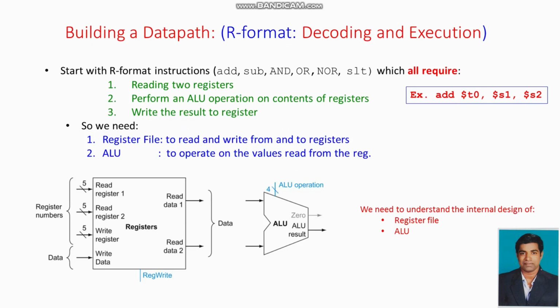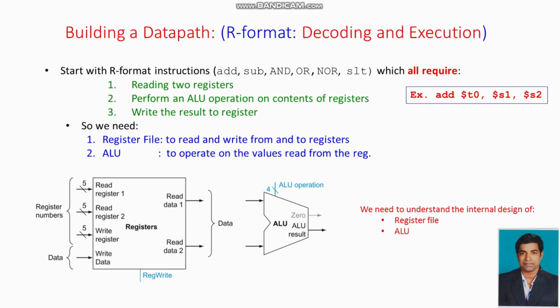Building a data path, R format, decoding and execution. Start with R format instructions, which will require these components: reading two registers, R-type instructions, addition. In the example given, $S1 and $S2 are the input values.